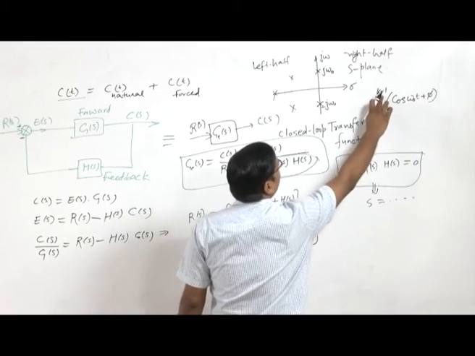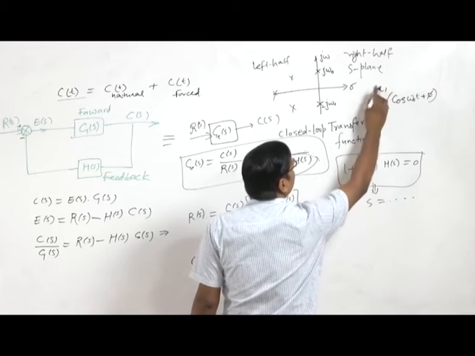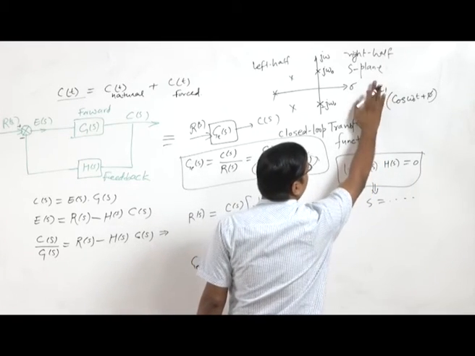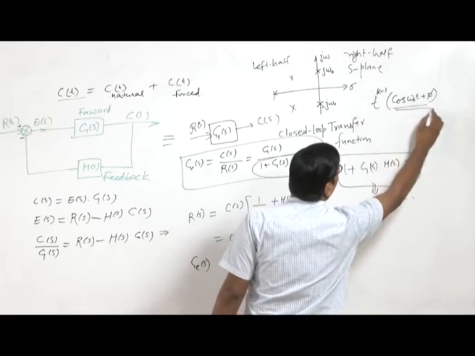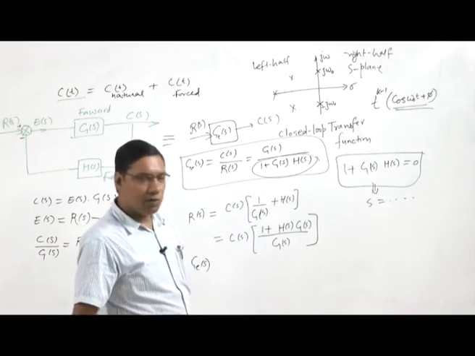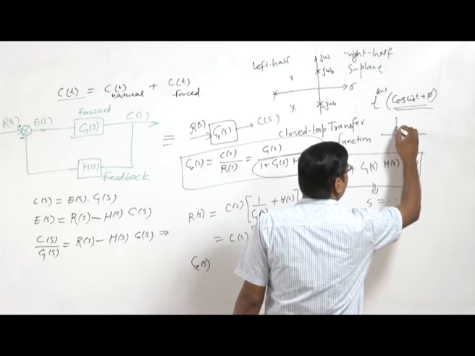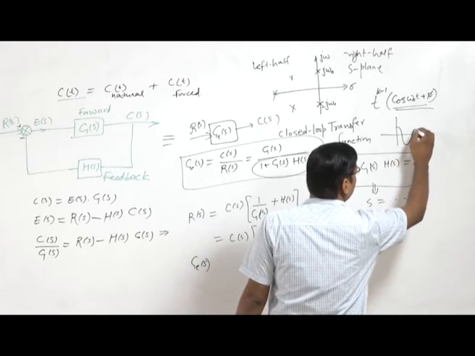If k equals 1, this is t power 0, that is 1. So we will have a harmonic response, something like this.